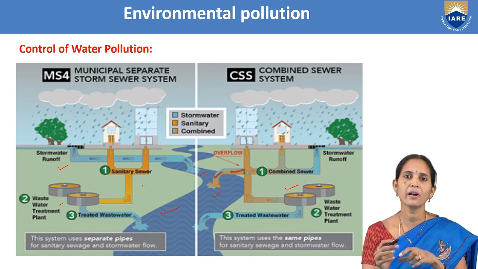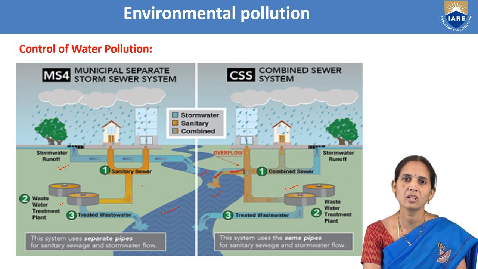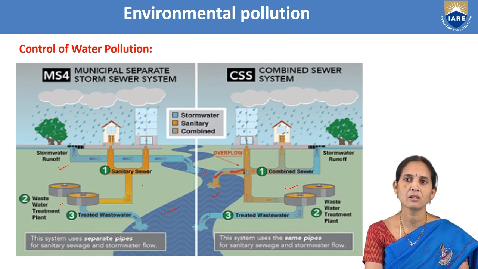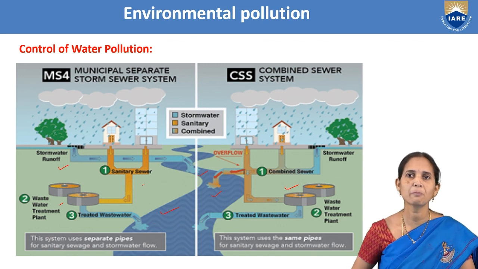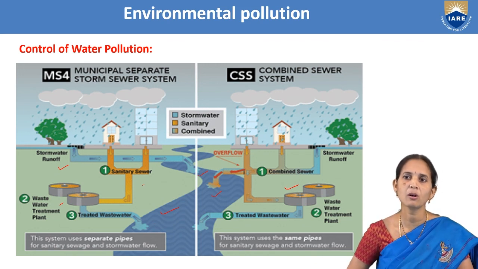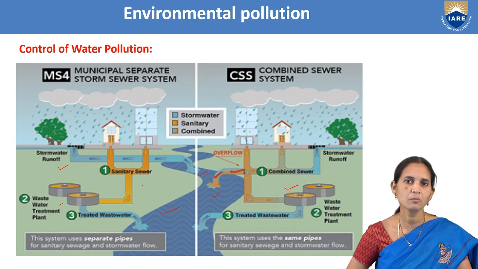So it is a combined arrangement, collecting the wastewater from the houses and also the surface runoff water. So we have to separate them, then we can control it. Compared to the combined sewer system, the municipal separate storm sewer system is better. So we have to follow that system to prevent water pollution.